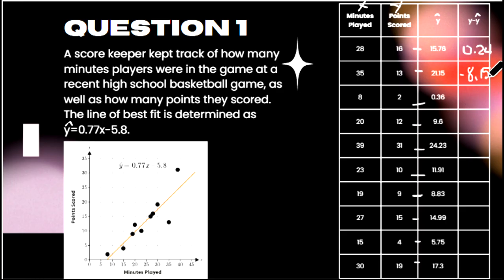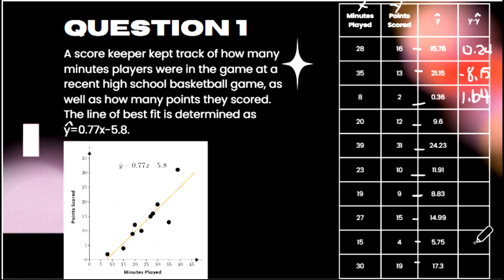And then we've got 2 minus 0.36 gives us 1.64. I'm not going to make you sit through me figuring out the rest of these, because it's just basic subtraction all the way down.